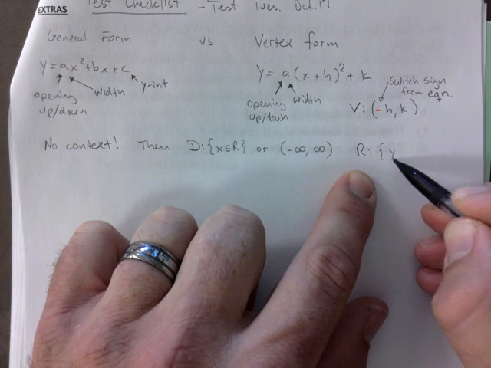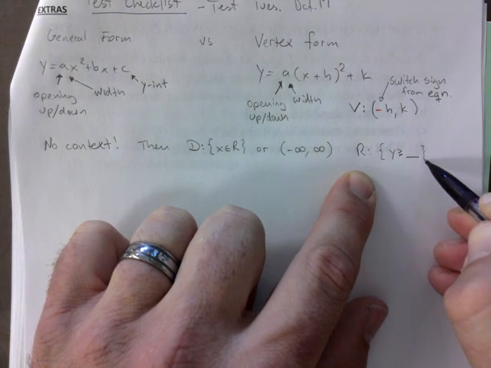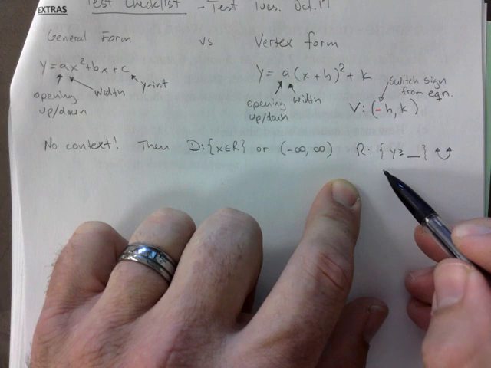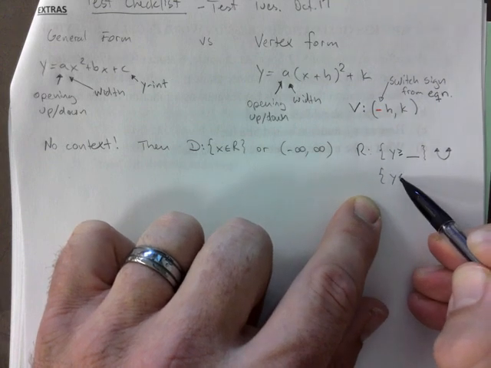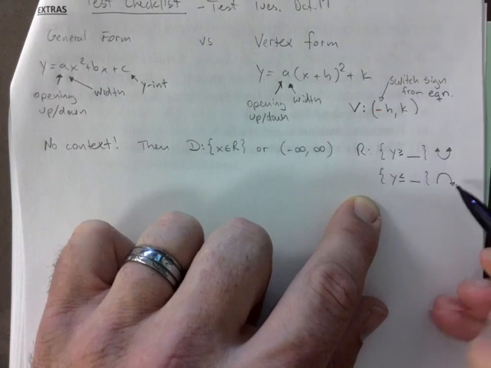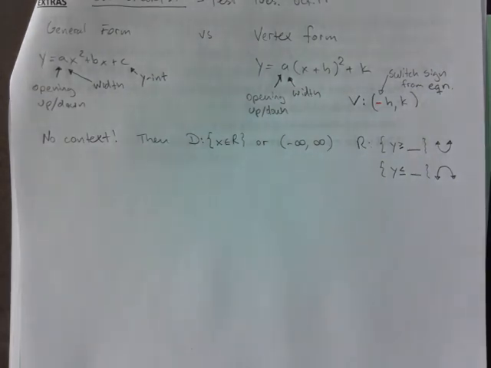It'll be y is greater than something if it's pointing up, or y is less than a number if the curve points down. So that's the standard way of doing your domain and range there.